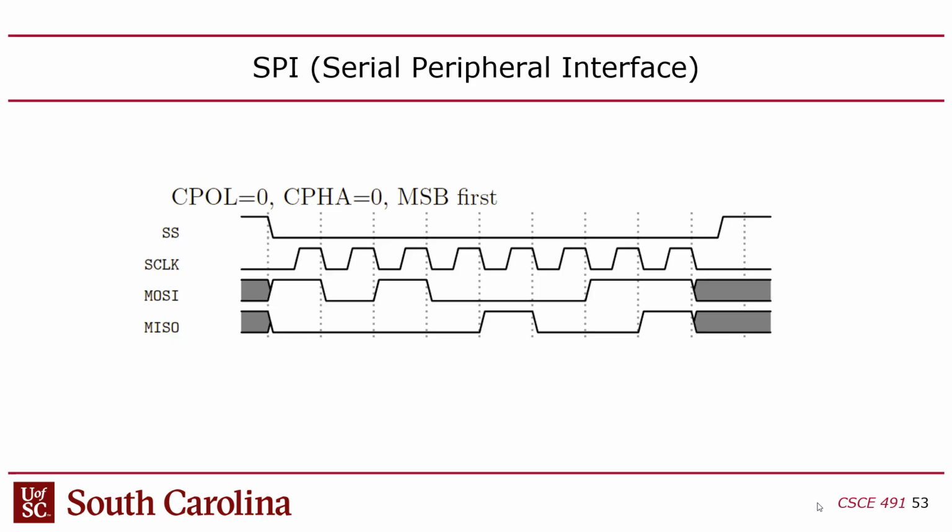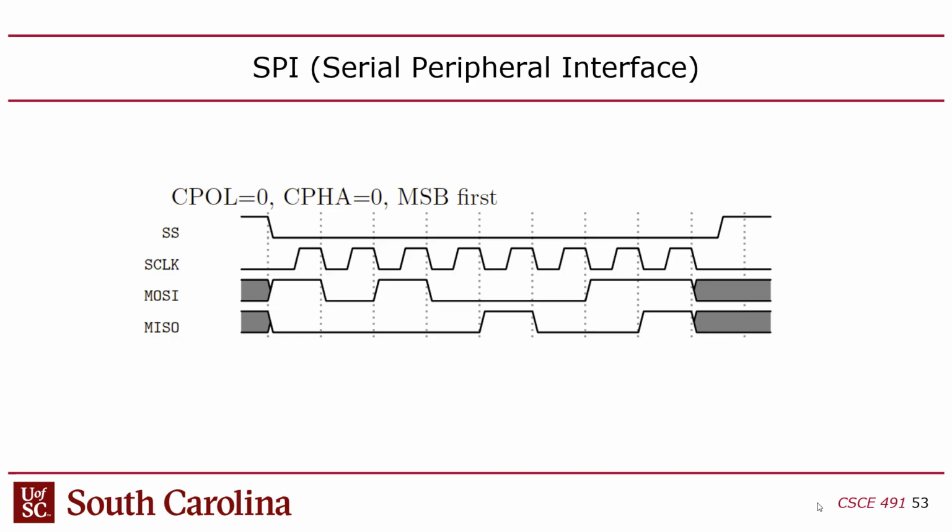This gray means I don't care what the data is, it could be anything. But the first transition of the data occurs 1/2 clock cycle before the first edge of the clock, which means, and this is my informal way of conceptualizing it, if the data gets a 1/2 clock cycle head start on the clock, CPHA is 0.